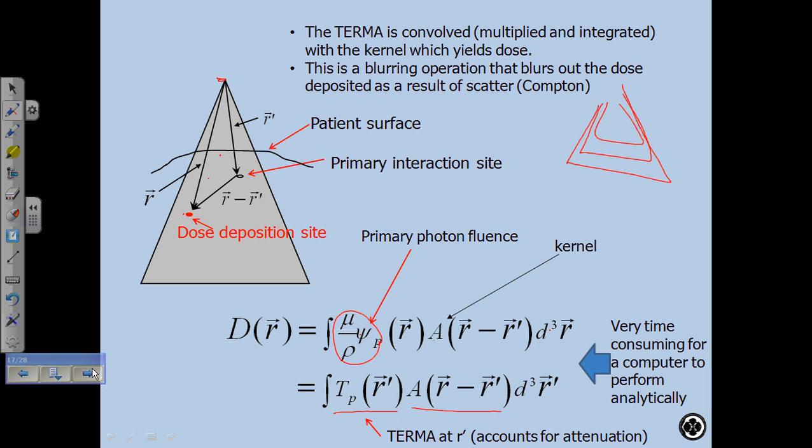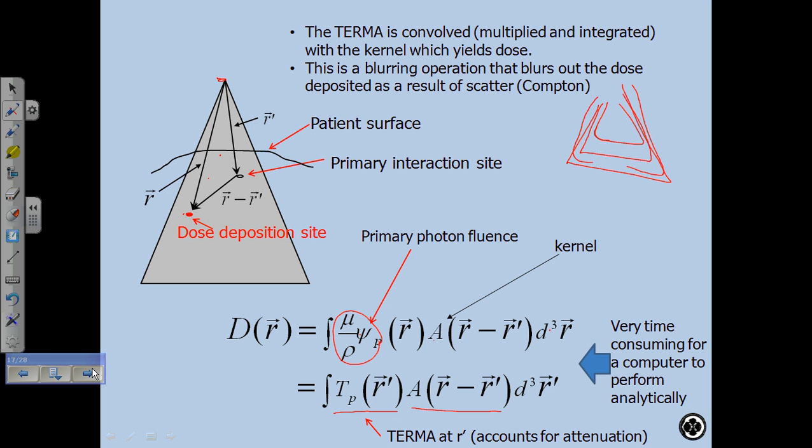Okay, and it doesn't. It's rounded, the corners are rounded. And so when you think of rounded, you think of blurring. So when we convolve this with this, our scatter kernel is going to round these out, and it's going to shape the isodose distributions the way they should look, having considered scattering.